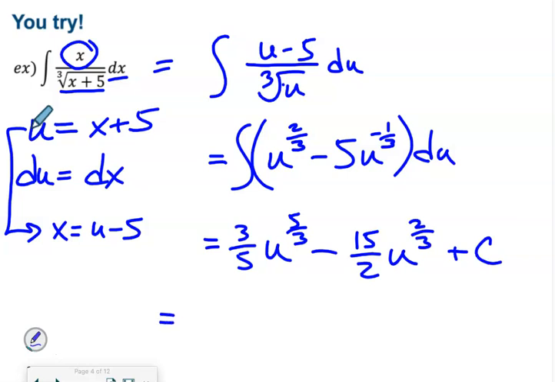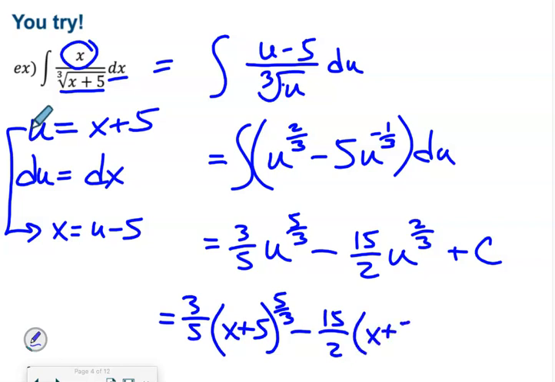So your answer would be 3/5 (x plus 5) to the 5/3 minus 15/2 (x plus 5) to the 2/3 plus c. Okay, good. All right.